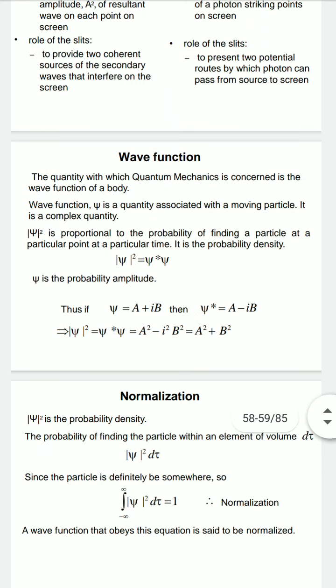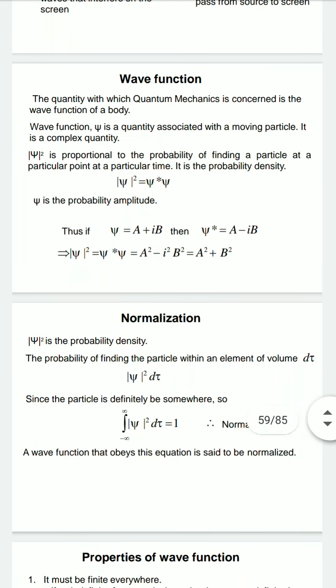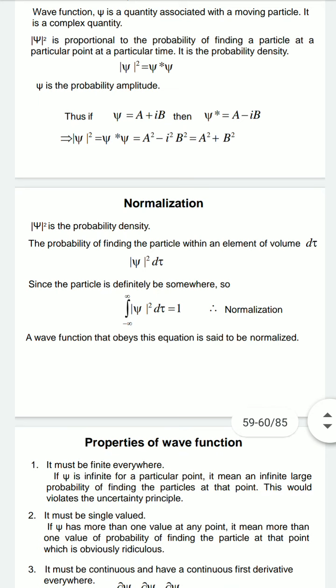Okay. So now what is normalization? We know that psi modulus square is the probability density, and this particle will be somewhere in this universe. If a particle is considered, it should be somewhere in this universe.